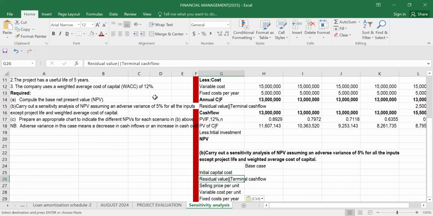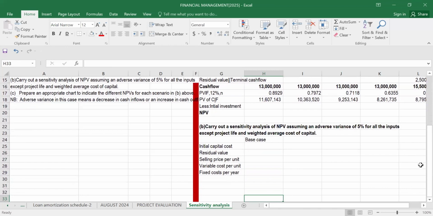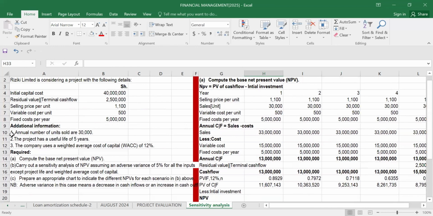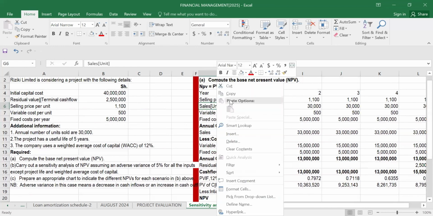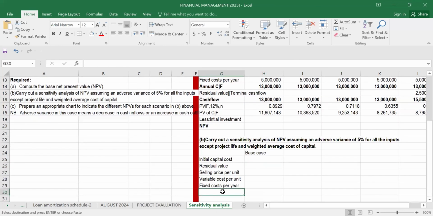We have the residual value, which is the terminal cash flow. We have the selling price per unit. We have the variable cost per unit. And then we have the fixed cost. There is also another variable which is not captured up here, and that is this one, the sales in units. That is also another variable which is used in the computation of NPV here.